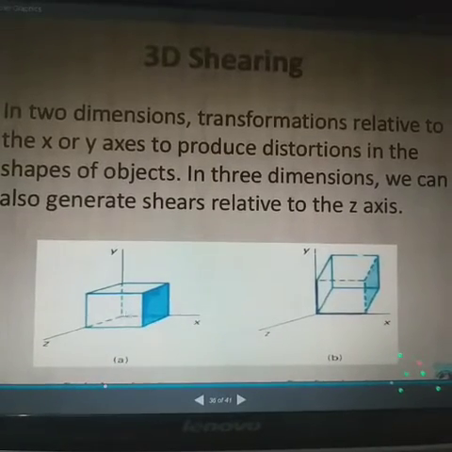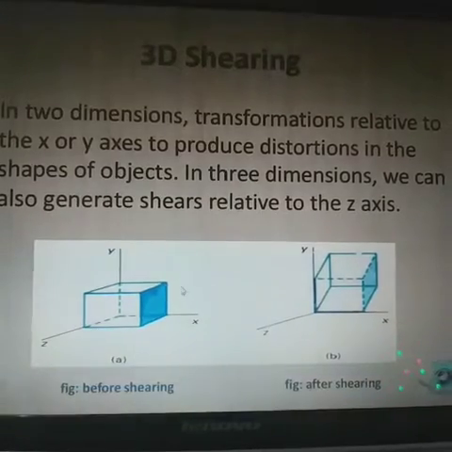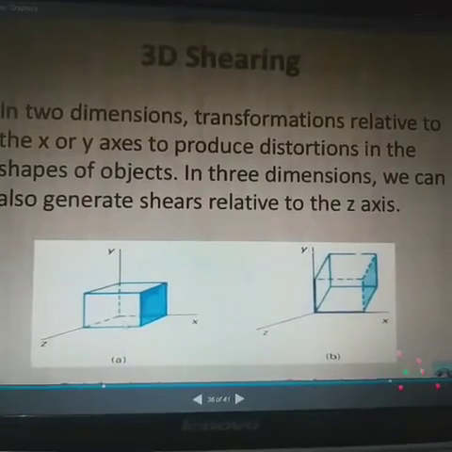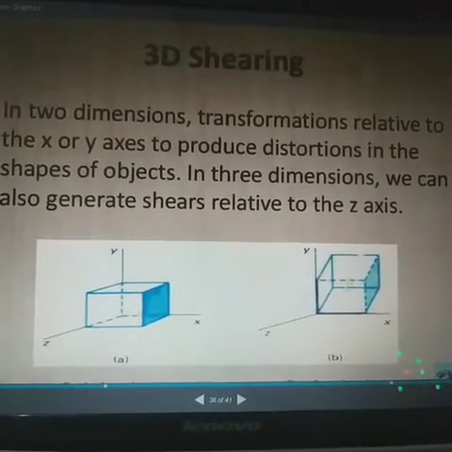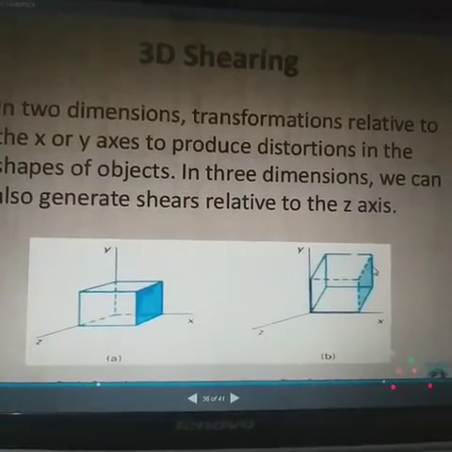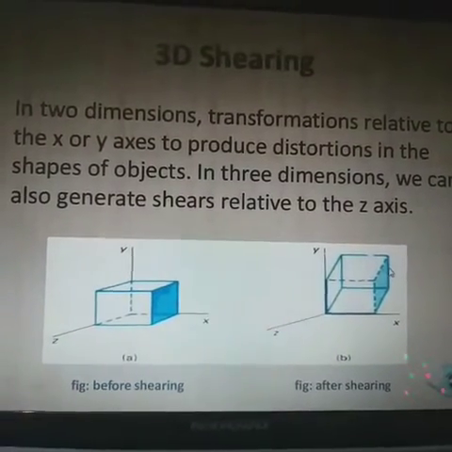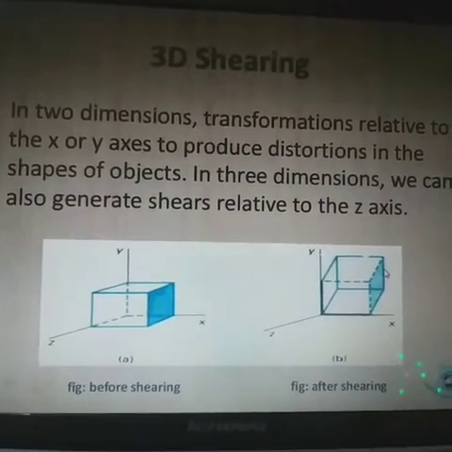We can generate the shear relative to any of the axes. If we're talking about the z axis, then the object is moved towards this side. So distortions are applied on the shapes of any object about the x-axis, y-axis and z-axis.